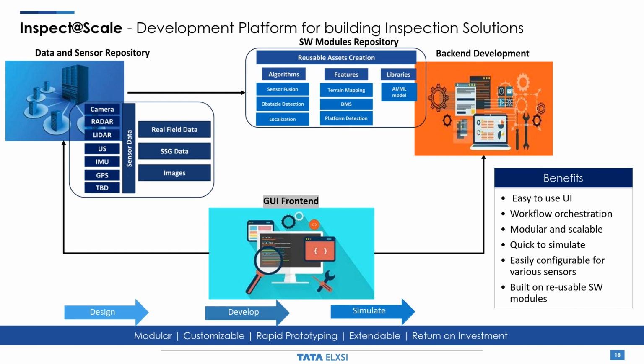In addition to the raw data from the sensors, the other key part in developing an inspection solution is the data processing algorithms, the various machine learning models, the various functionalities which do the decision making, the data analysis on the raw data. What we have done is to bring these two elements of a solution together in a very easy to use UI with workflow orchestration to rapidly design, develop, and simulate asset inspection solutions.